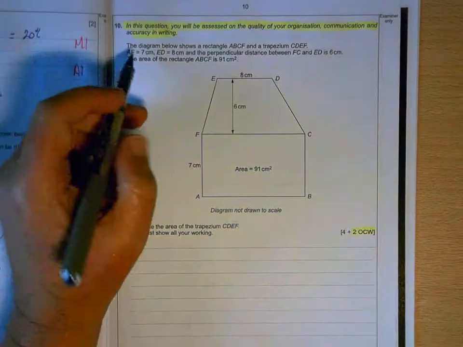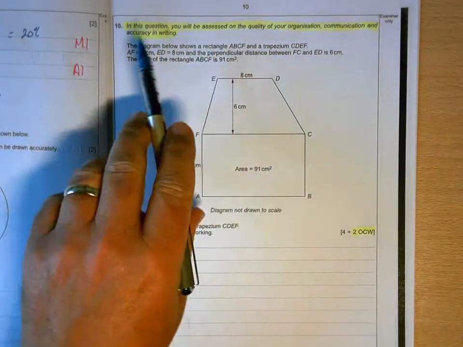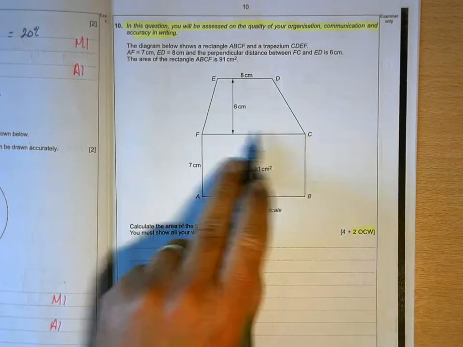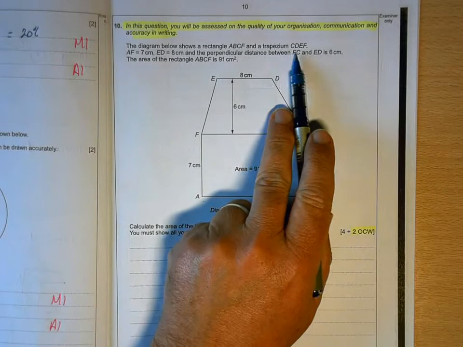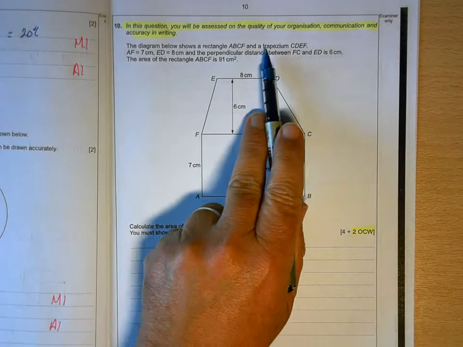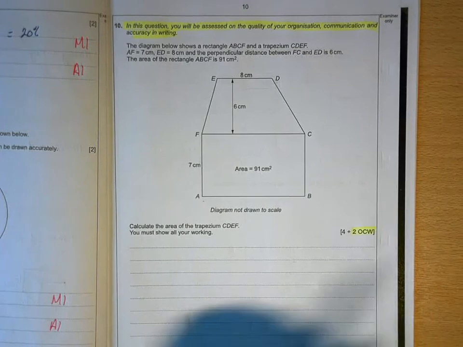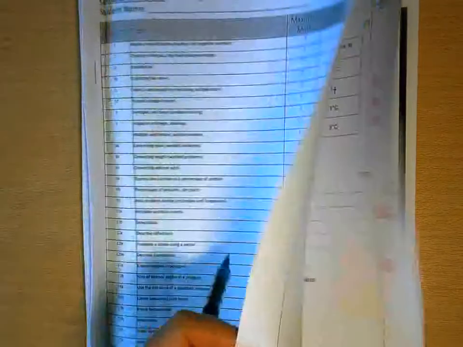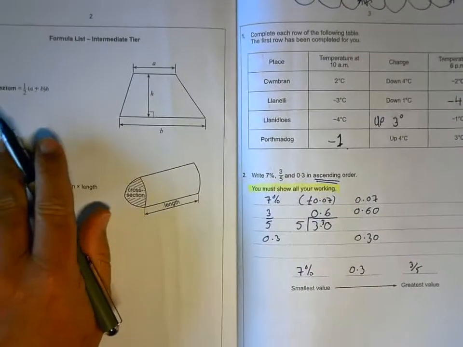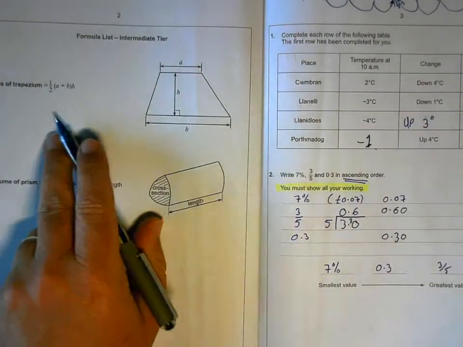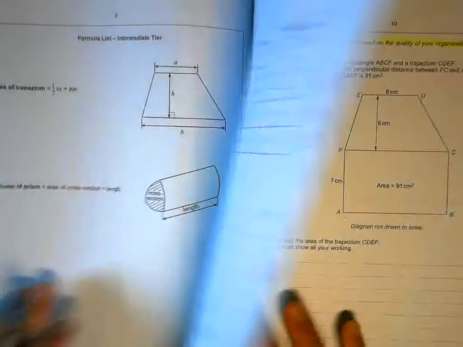So the diagram below shows a rectangle ABCF, and a trapezium CDEF. Now as soon as I see that word there, I'm thinking I've already read that word once from my paper, and it was on that formula page, the area of trapezium, and there's the formula that you need to use. So we'll come back to that.